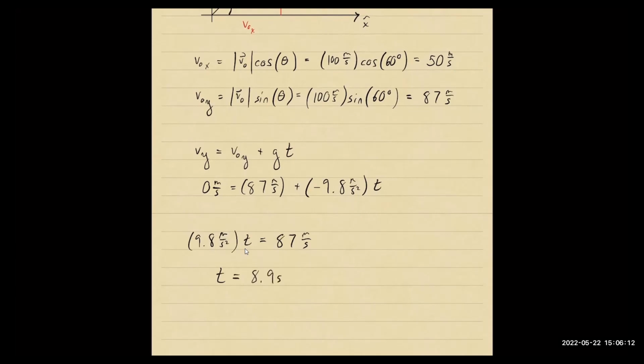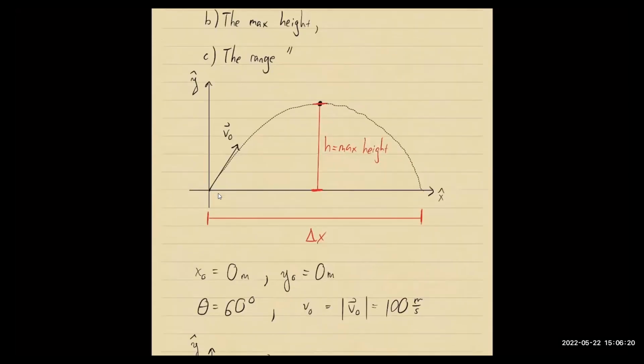All right, so let's take a step back. Why is the y component of our velocity vector 0 at maximum height? So we go back up to our picture. If you guys remember, I said that at every point along this projectile's path, the velocity vector is tangential to the path itself. The way that we define the max height is the point where the velocity of our object in the y direction is 0.